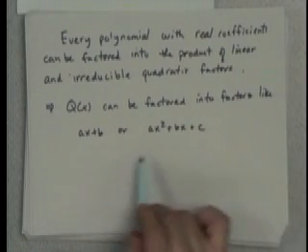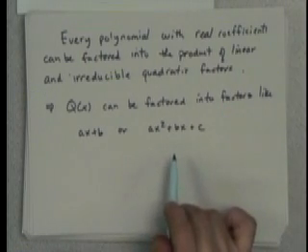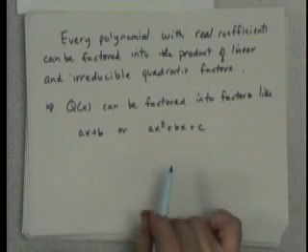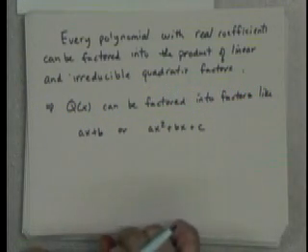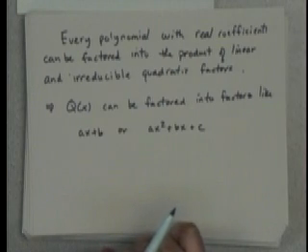And this is essentially going to be our first step. We're going to have to factor this. Now, a lot of them are actually going to be in factored form, but some of them aren't.